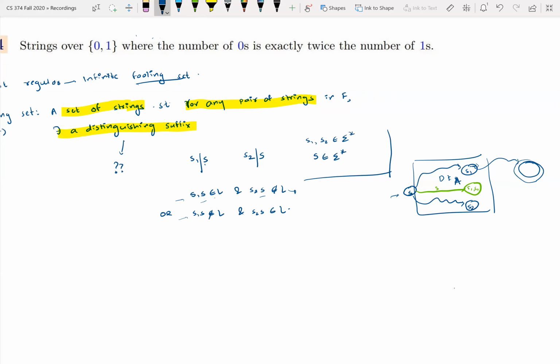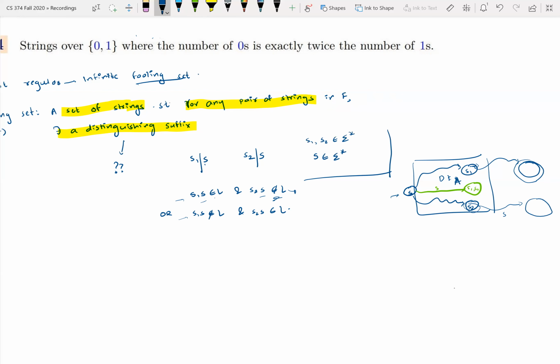When I start from the start state and see s2, I reach another state, and on seeing s from this state I reach a state which is not an accept state, because s2s does not belong to L.